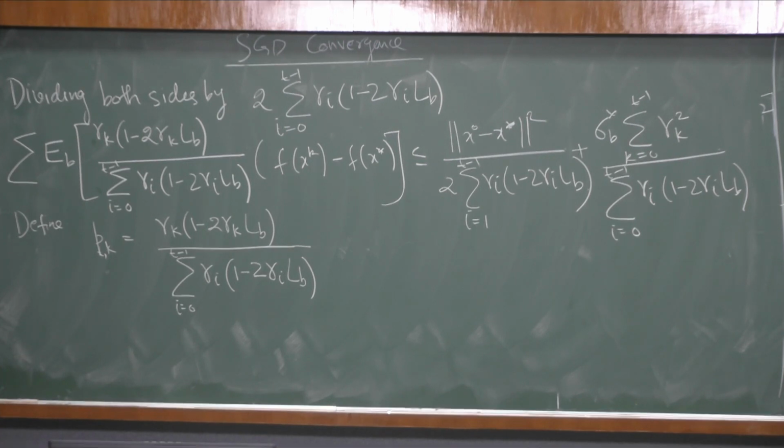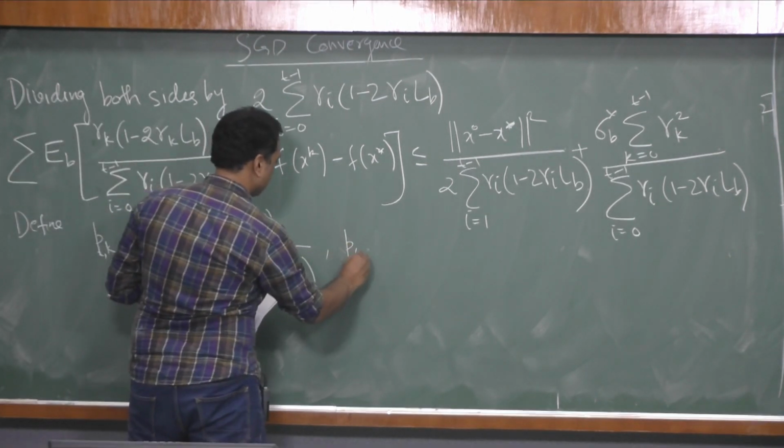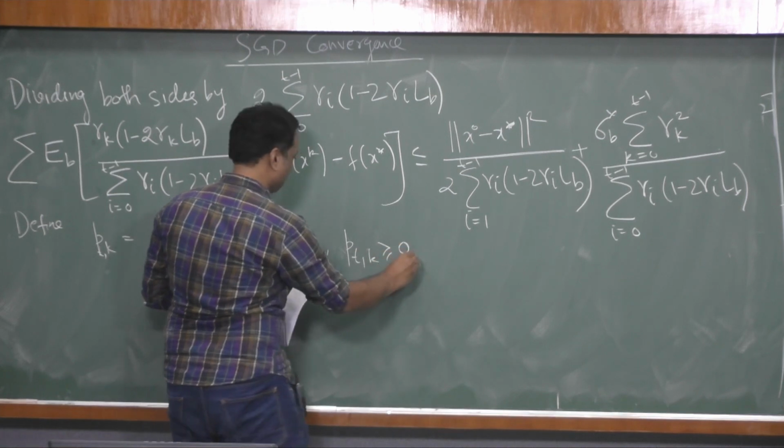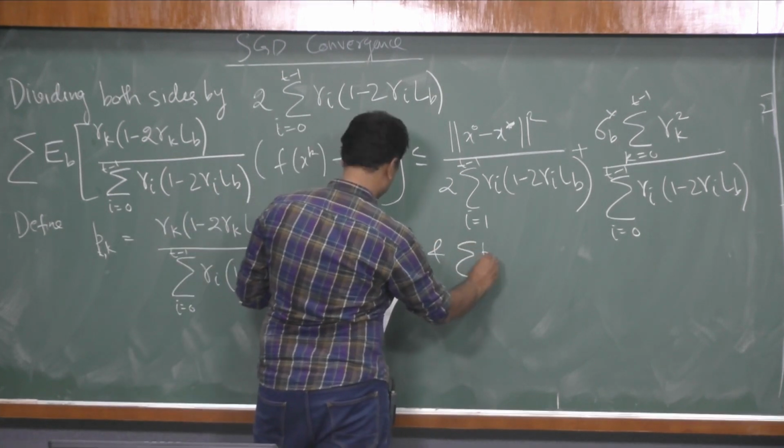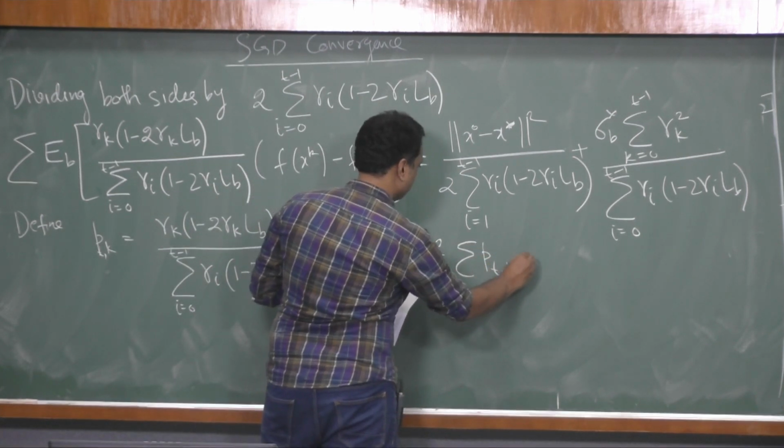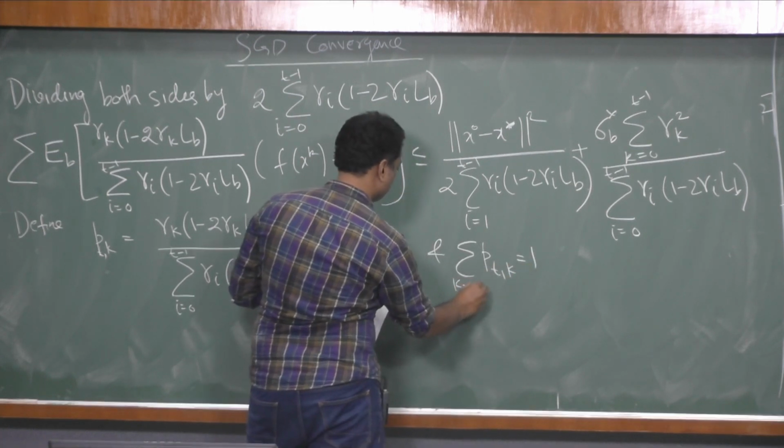So we have written a short notation for this, and our goal is to take it inside f. So we observe that p_tk is greater than or equal to 0, and the sum of p_tk equals 1 for k equals 0 to t minus 1.